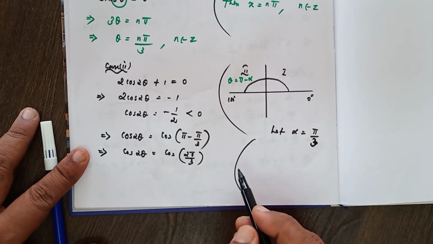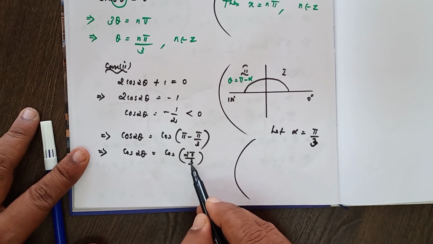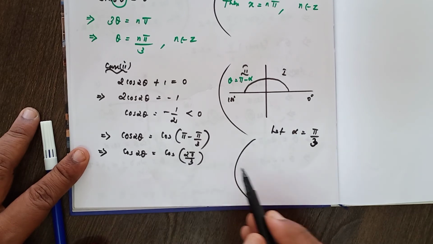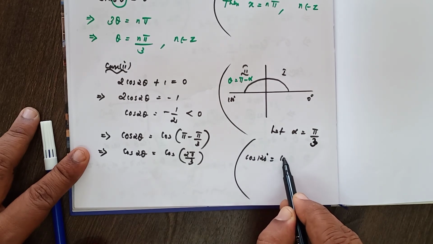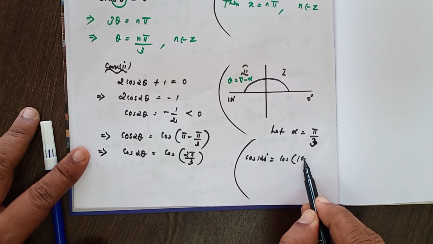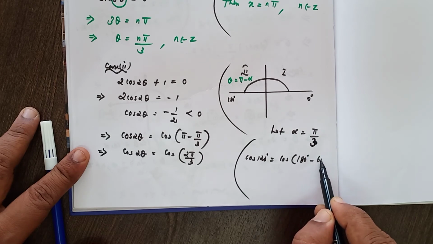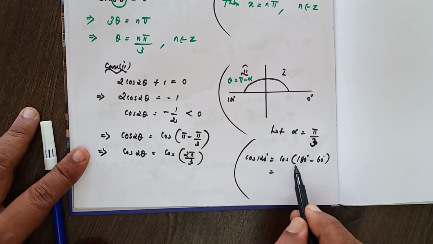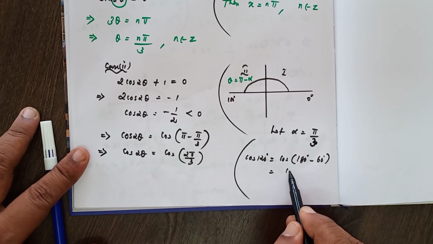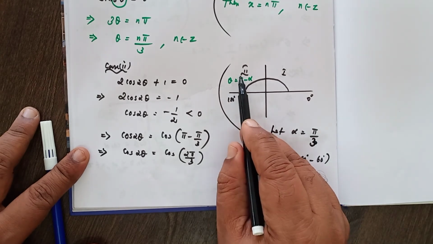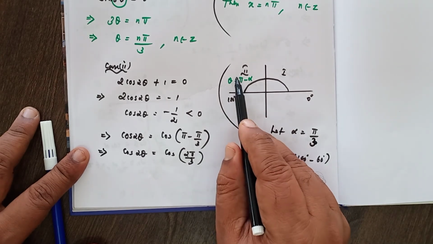For your verification, I do it here. Pi by 3 equals 60, 60 into 2 is 120. Cos 120 degree equals cos of (180 minus 60). 180 minus 60 is 120 degree. Now you can go for the ASTC concept. In ASTC, for 180, cos becomes cos, angle is 60. 180 minus lies in which quadrant?